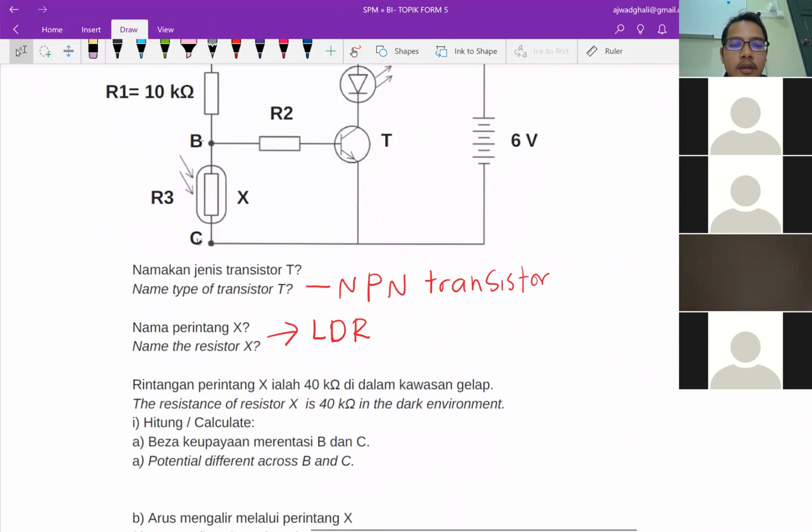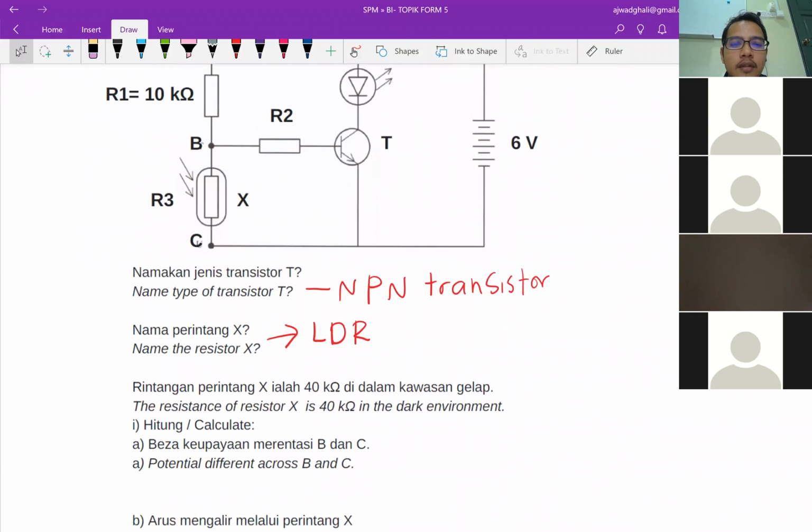Now it came to the next question. The question states that the resistance of X is 40 kilo ohm in the dark environment. First, I forgot to ask you, when will the bulb light up?